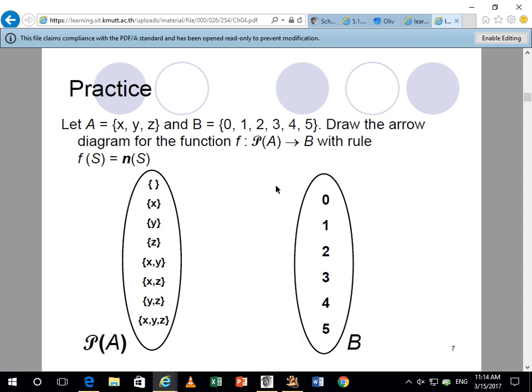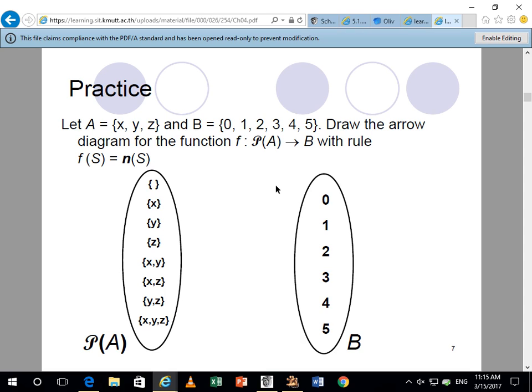So the domain is the power set of A, which is this, same as before. But the codomain is B, which is 0, 1, 2, 3, 4, 5.